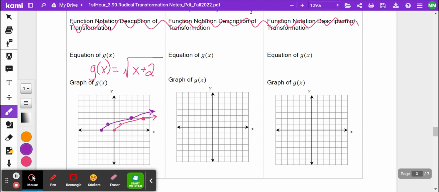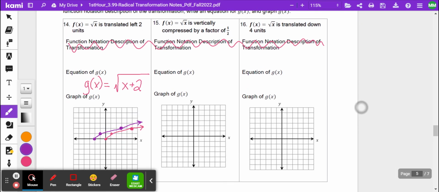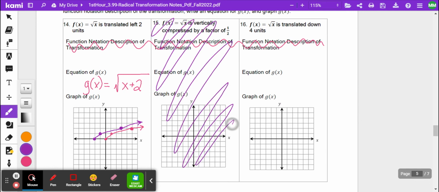Okay. For number 15, you can cross off number 15 on page 6. I still want you to do number 16 though.